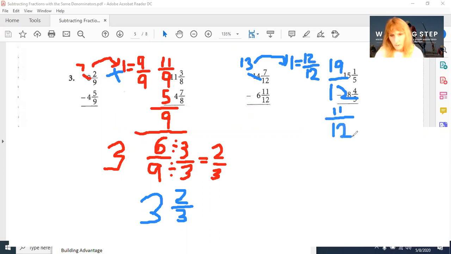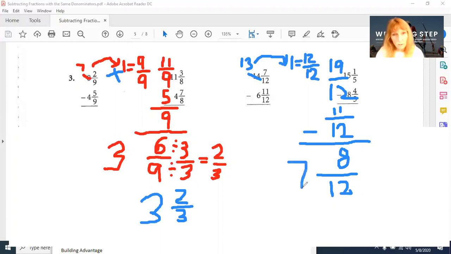And that will give me 19 minus 11. 9 minus 1 is 8. 1 minus 1 is 0, so 8. And then my bottom number is 12. And now I subtract my whole numbers. A 13 minus a 6 will be 7.